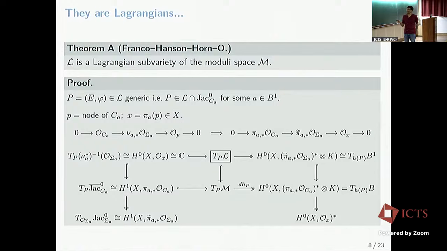Since we're taking P to be coming from a line bundle, the derivative is surjective. And so this is the tangent space at the base, right? And you can write the tangent space at the base as this H0. And here is the tangent space to the fiber, the tangent space to the Jacobian, okay? And you can also write it like that.